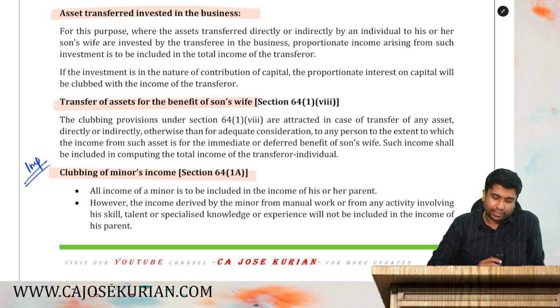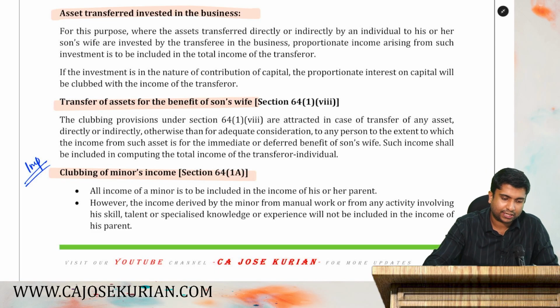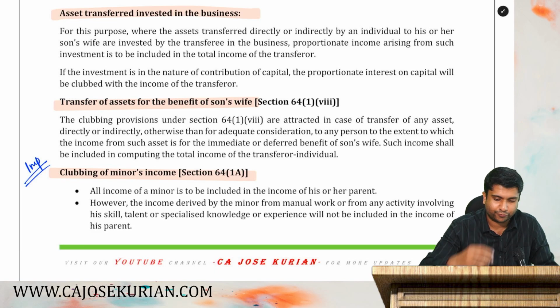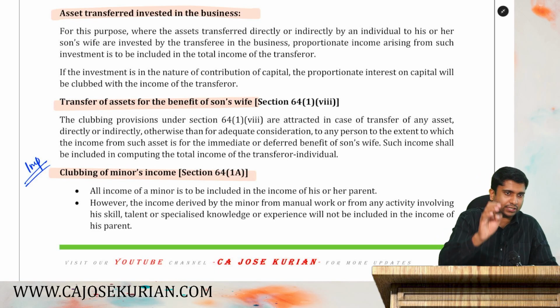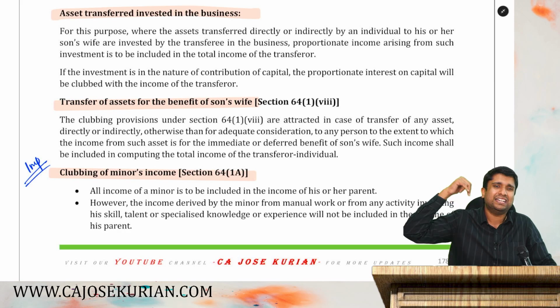So we were talking about the clubbing provisions of a minor's income. Let's continue. There are a few points that we should focus on. Moving on to the next concept, say my minor child is suffering from a disability.